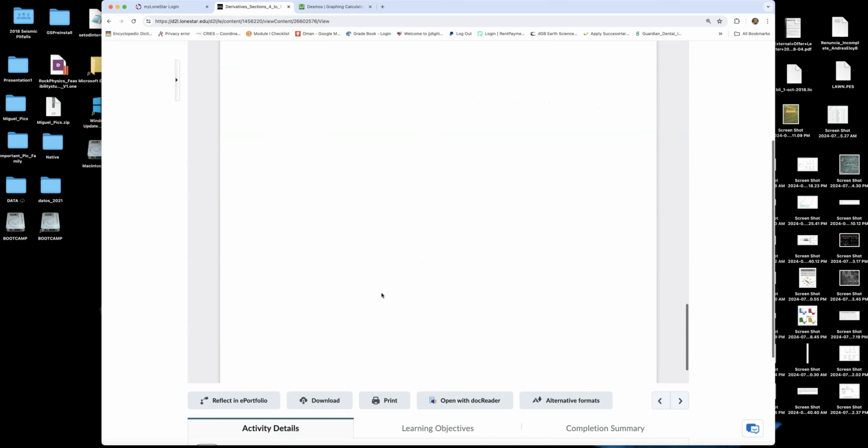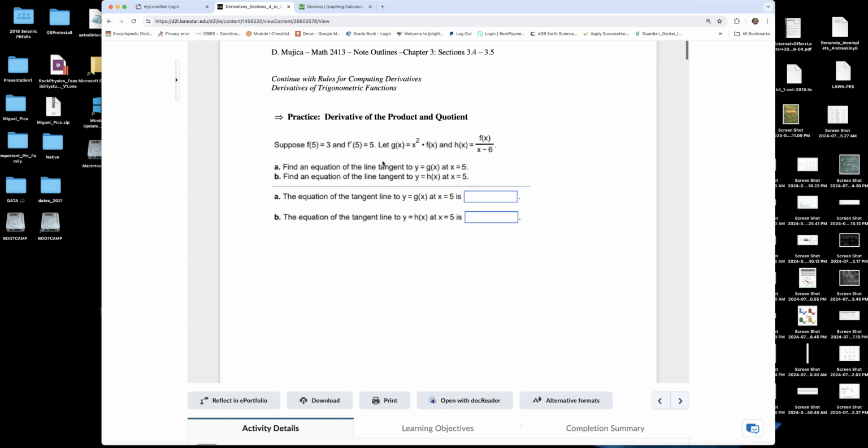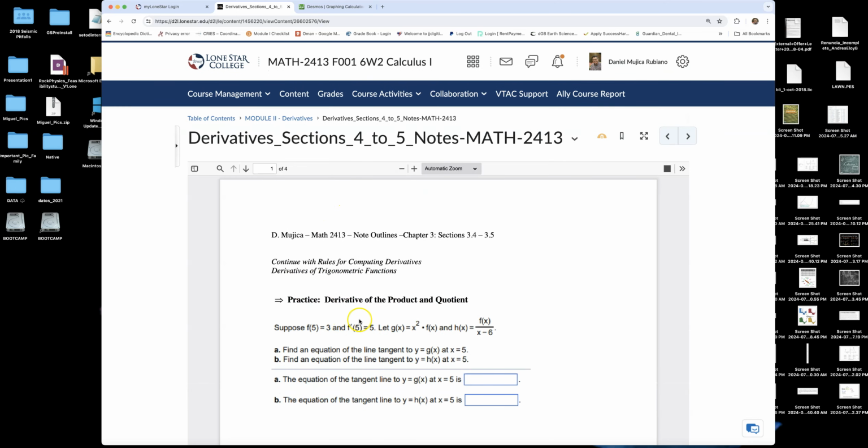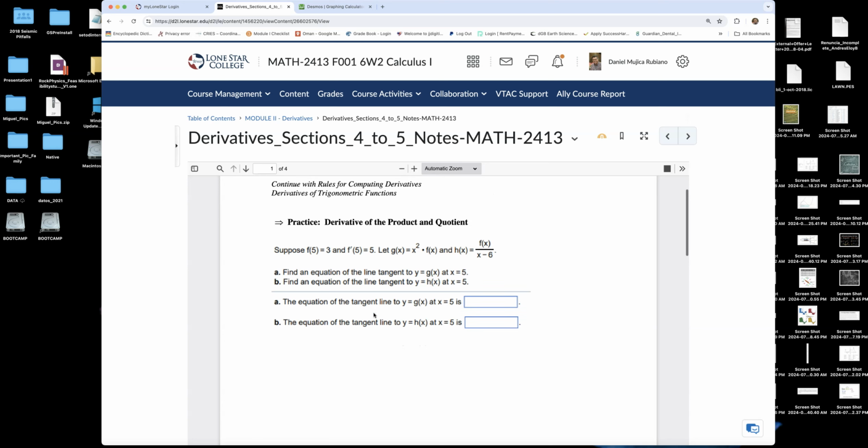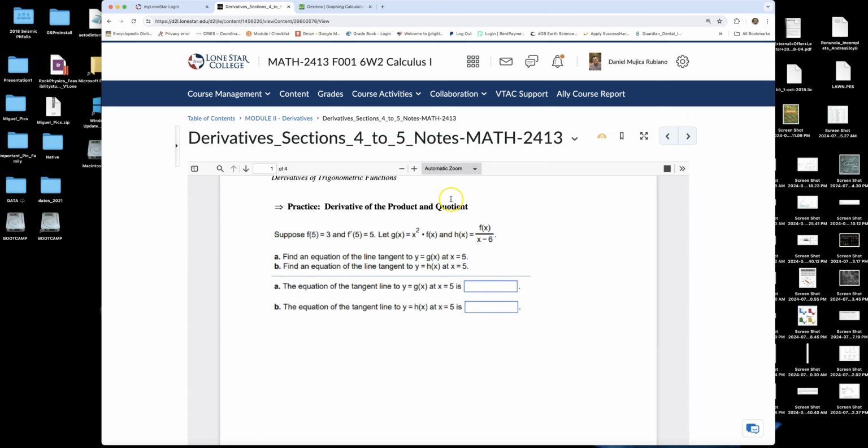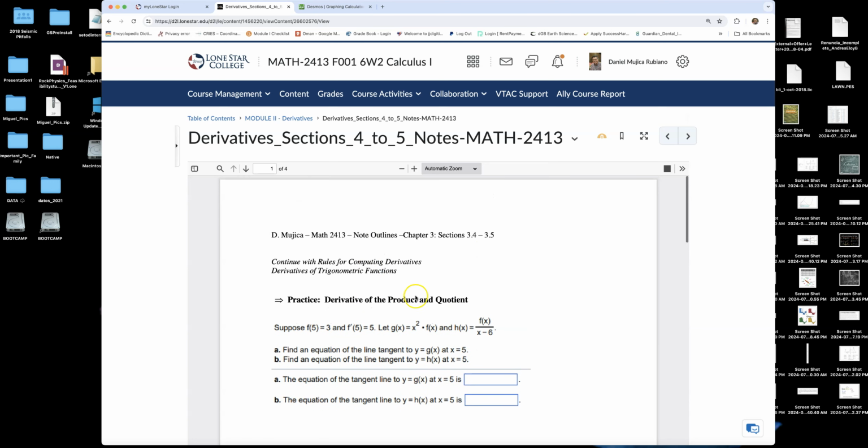After that, come back to your homework and start working with those exercises of sections 3.4 and 3.5. As usual, I will give you a couple of days before I post the keys for these notes, so try to do it by yourself first.